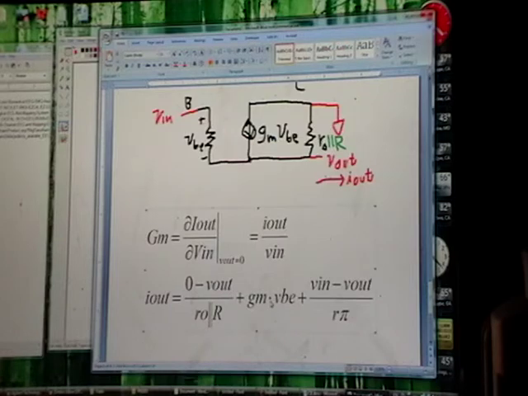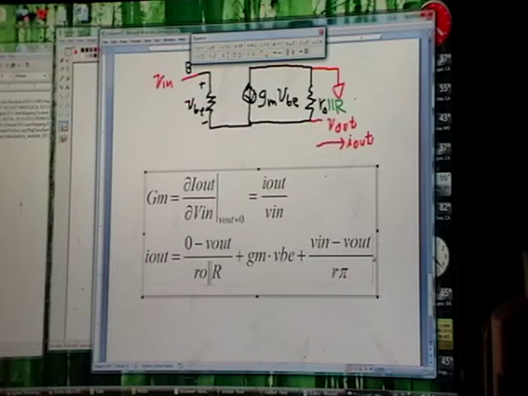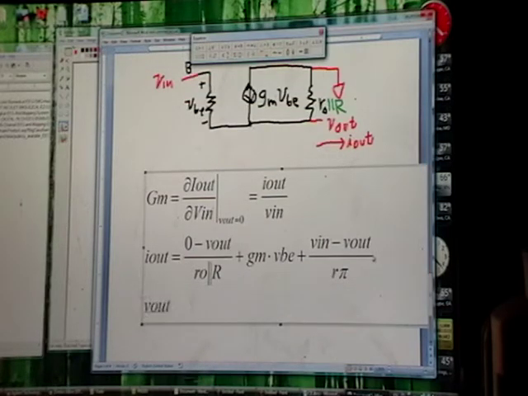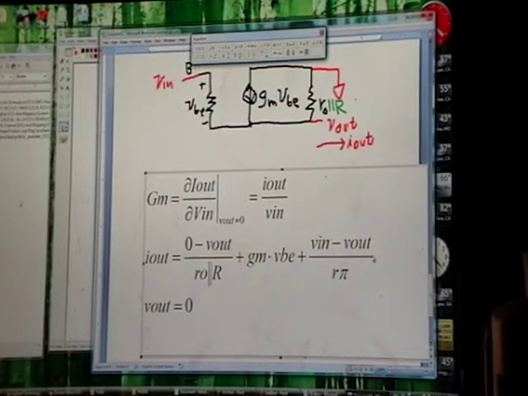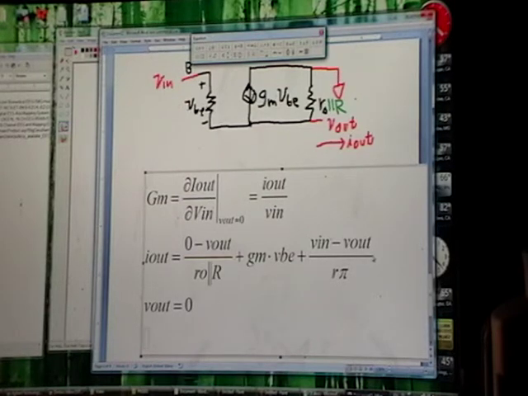Okay, let's add some more information here. V out equals 0. Other things we know. What about VBE? Now that V out equals 0, VBE equals V in minus 0, which equals V in.